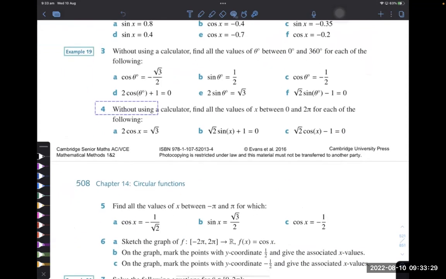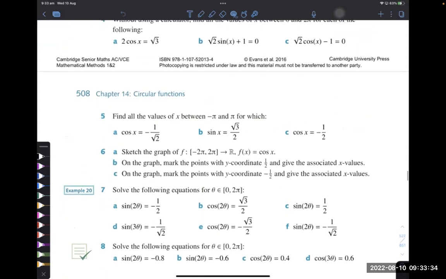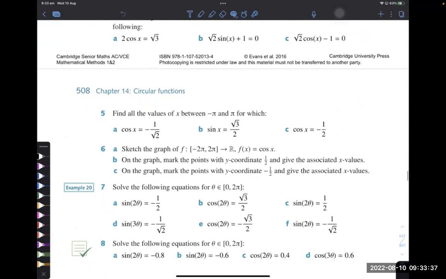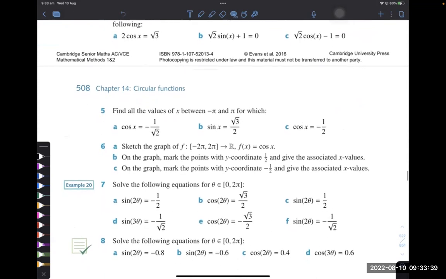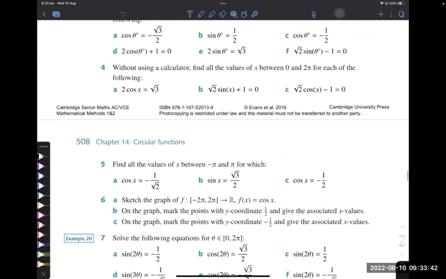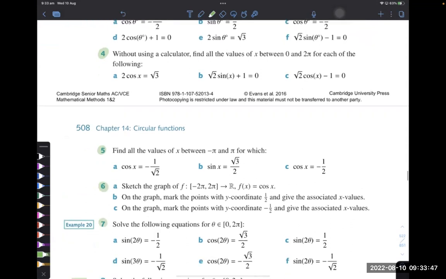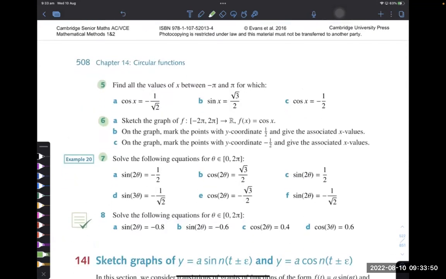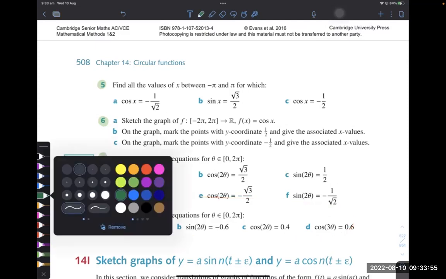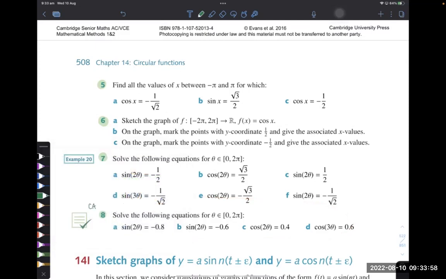I want you to try questions like question 4 and question 5 and questions 6 and 7. 4, 5, 6, and 7. 1, 2, 3. And this one here would be by the CAS calculator, yeah? Okay, use your time effectively. Speak with each other, work with each other. You don't have to just sit here, you can sit in groups as well.